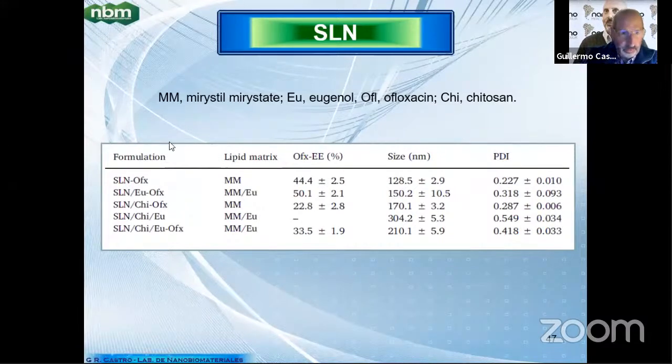So the mixed formulation increased almost 80%, and the PDI also, because they contain solid lipid nanoparticle, chitosan, eugenol, and ofloxacin. So the encapsulation diminished, but it is good enough from the pharmaceutical point of view.